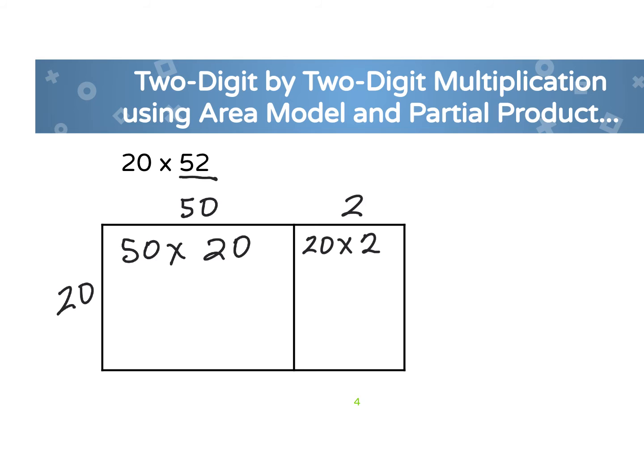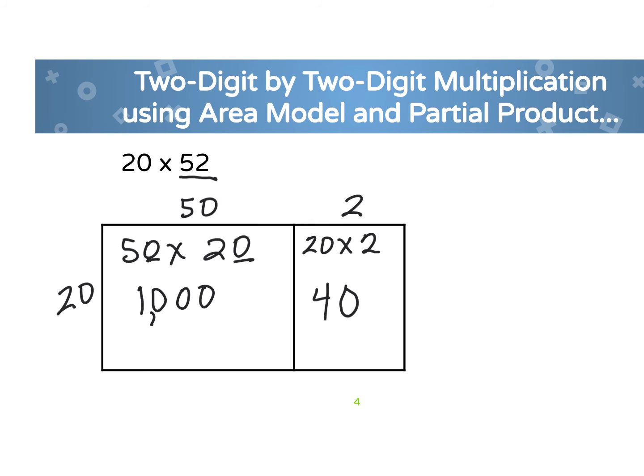So if I think 2 times 5 is 10, I have 10, so 10 and 10 make 100. So the total there is 1,000. And over here I took 2 times 2 is 4 tens, which is 40.